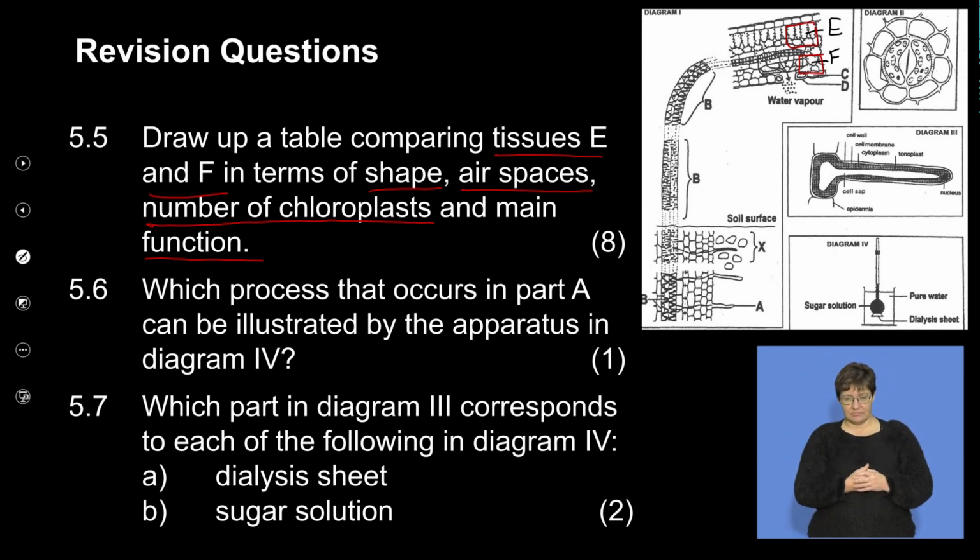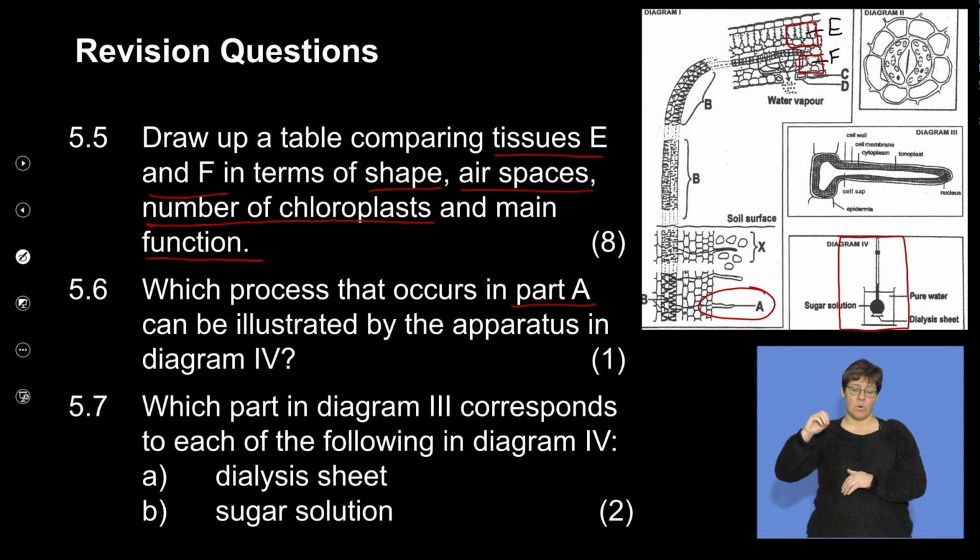Next question asks us to look at the process that occurs in part A, and here's part A, which is basically your root hair. Which process can be linked to the apparatus here? And the apparatus here is a diagram on osmosis. So the answer to 5.6 is osmosis.